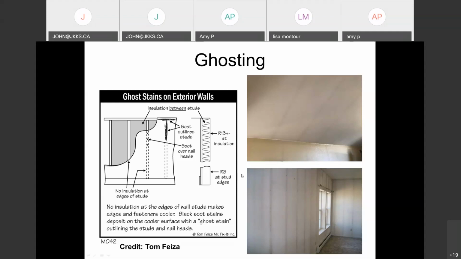We spent quite a bit of time on ghosting and insulation requirements. Insulation requirements for Southern Ontario, where Claude lives, are different from where I live in Ottawa, and totally different from the Arctic and subarctic areas as well.